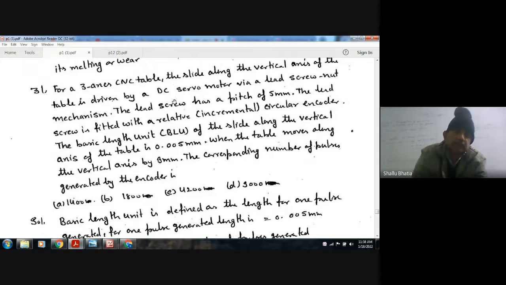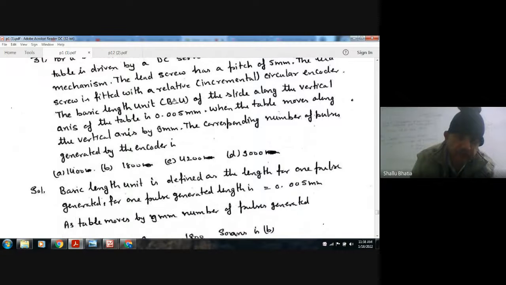The basic length unit (BLU) of the slide along the vertical axis of the table is 0.005 mm. When the table moves along the vertical axis by 9 mm, the corresponding number of pulses generated by the encoder is... okay, the basic length unit is 0.005, and the basic length unit is defined as the length for one pulse.